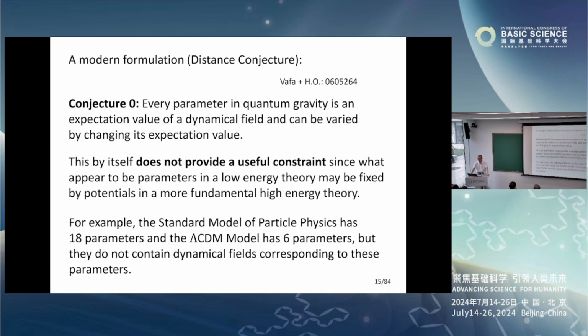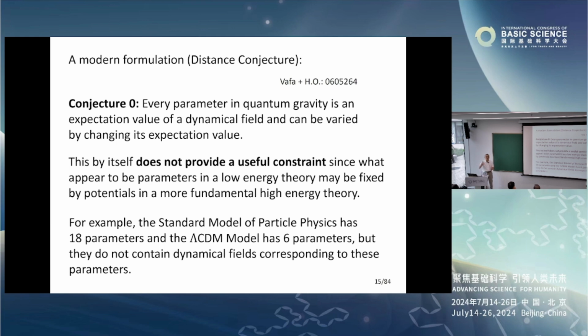For example, we know that the standard model of particle physics has 18 parameters, and the lambda CDM model has 6 parameters. But we are not going to claim that they are in the swampland yet, because these parameters may correspond to some dynamical field, but its expectation value may be fixed. So this by itself is not a very useful way.